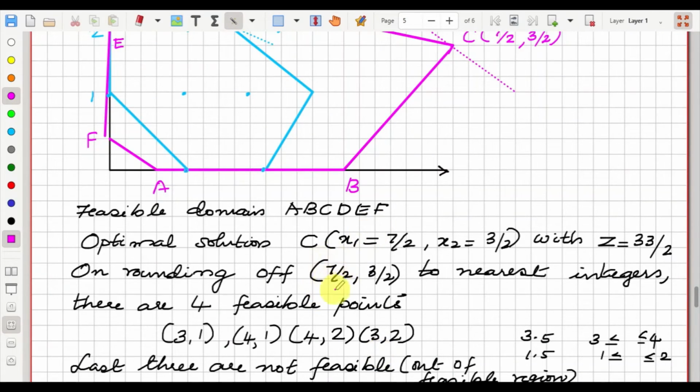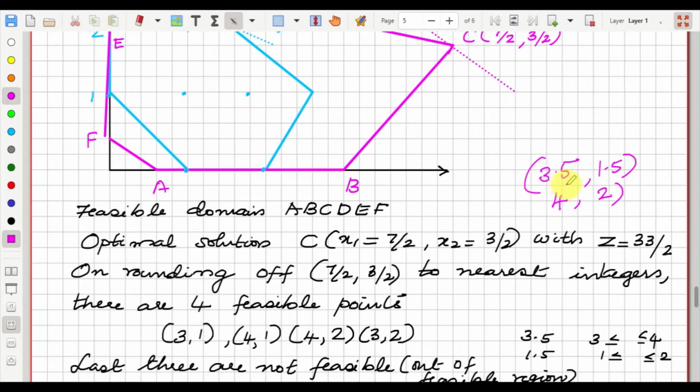Here it is 3.5, right? So on rounding, our point is 3.5 and 1.5. Rounding this one, 3.5 means 4 and 1.5 means we will get 2. Also, we can drop this one, so we will get 3, and drop 0.5, we will get 1. Also, we can consider this point, so we will get 4, and we can drop this one, so we will get 1.